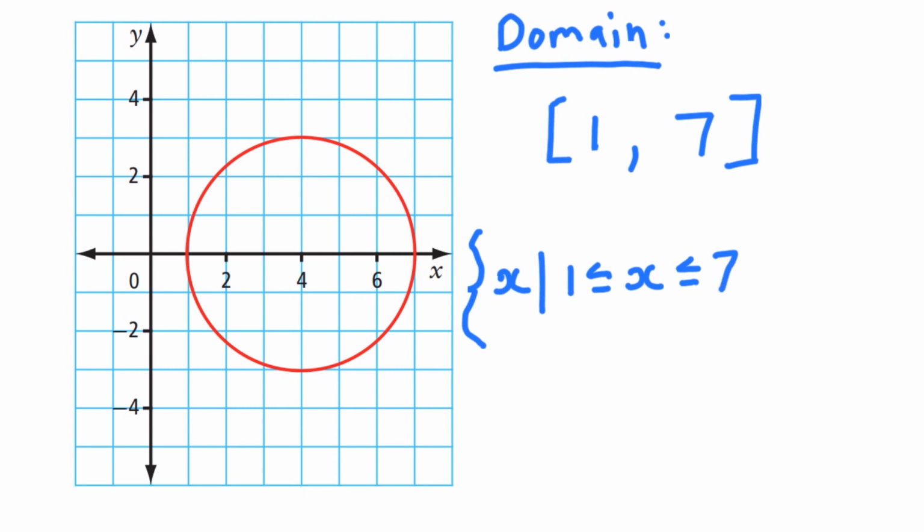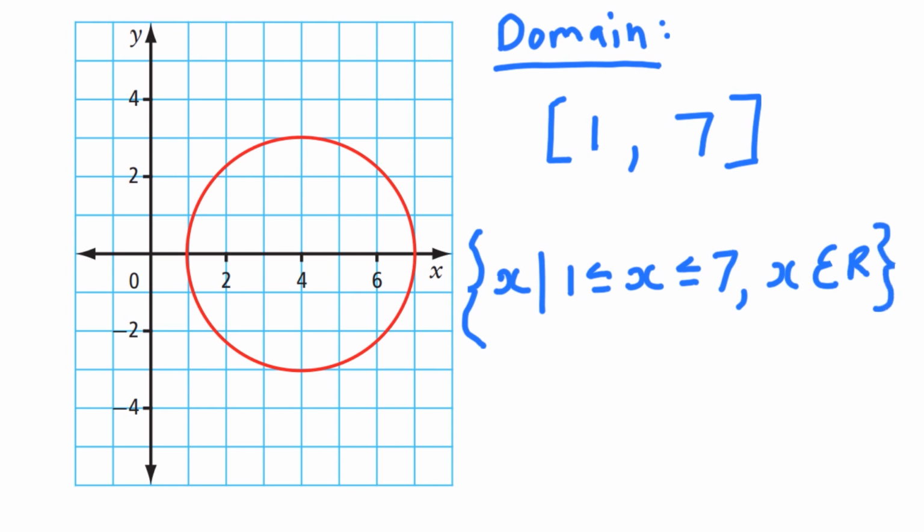In this case, you will notice I have those equal signs because x could be equal to 1 because it's right on the line, or it could also be equal to 7. And I'm just going to say x belongs to all real numbers and close my curly bracket.